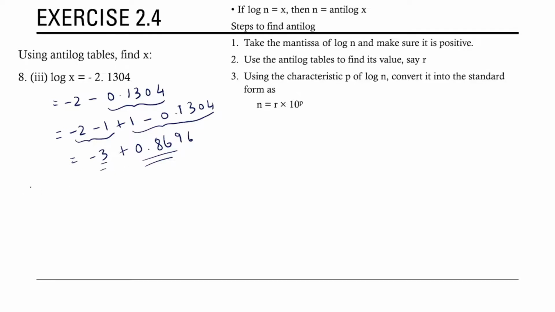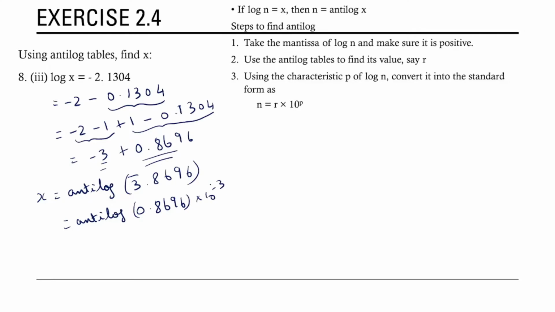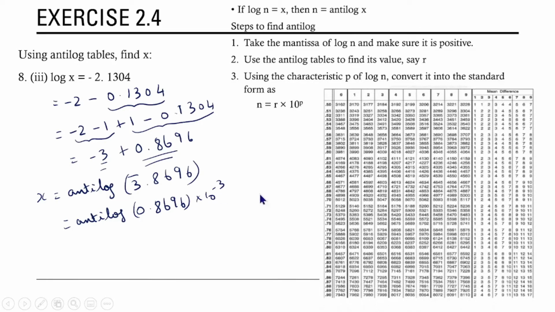Now we can find the antilog. So x is equal to antilog of bar 3.8696. So this is equal to antilog of 0.8696 into 10 raised to minus 3. Now we can see the antilog tables. We look for row 0.86 and column 9.